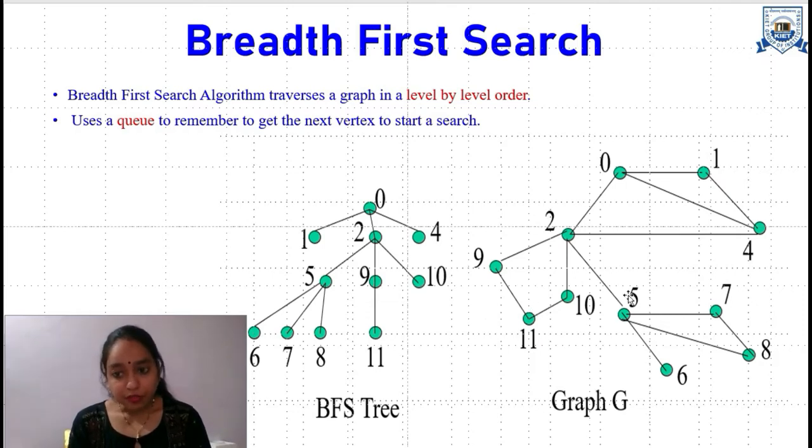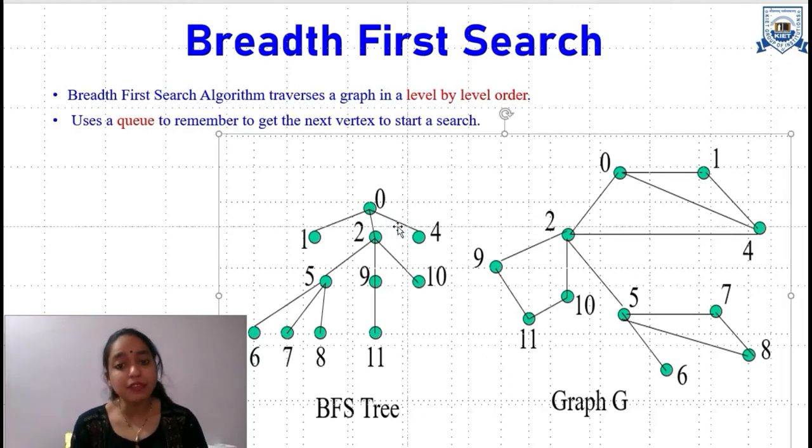For 5, the unvisited adjacent vertices are 6, 7 and 8, so in the next level the vertices are 6, 7 and 8. For 9, the vertex 11 was not visited. Now all the vertices of this graph are visited. So this is the breadth first search spanning tree, and the traversal of this tree is done from the starting vertex 0.